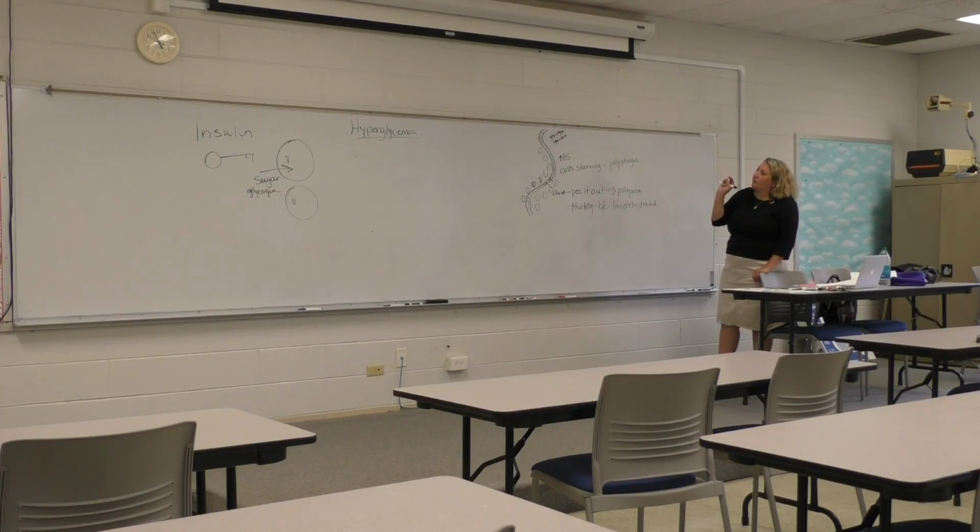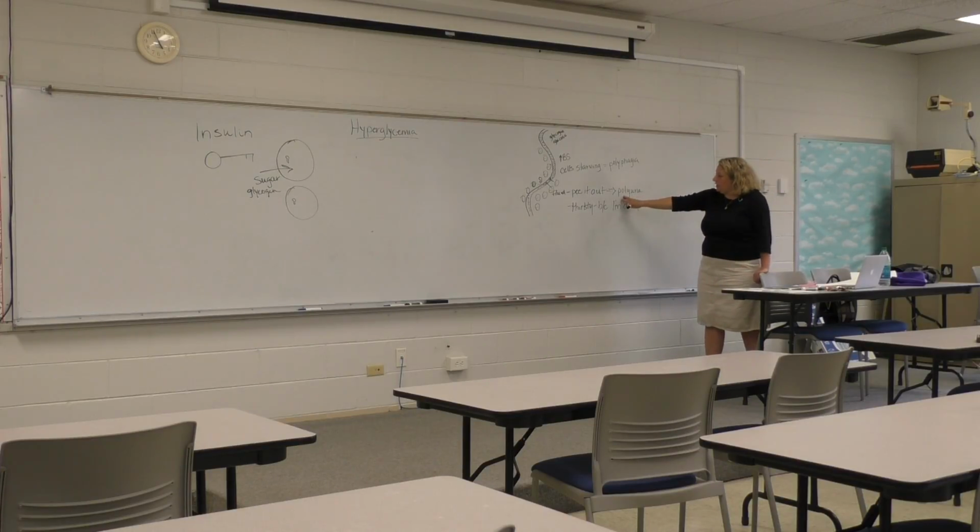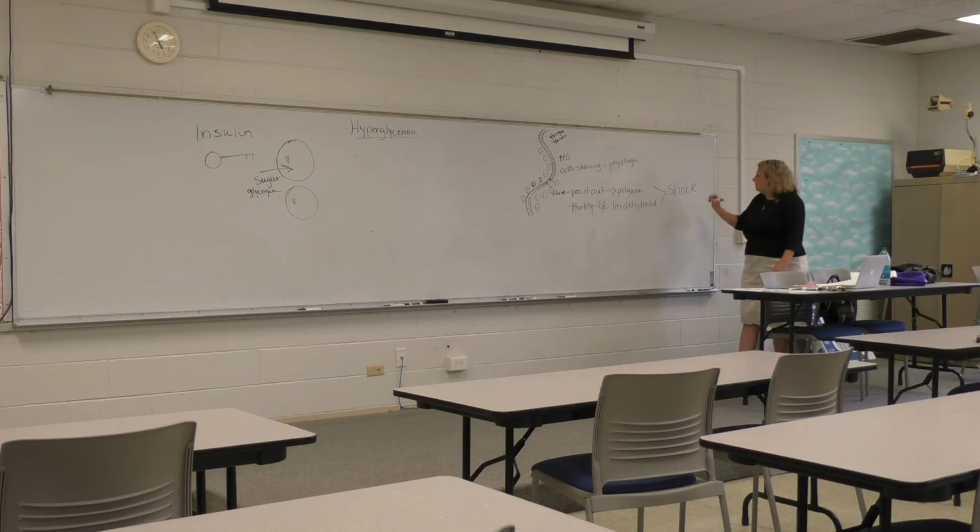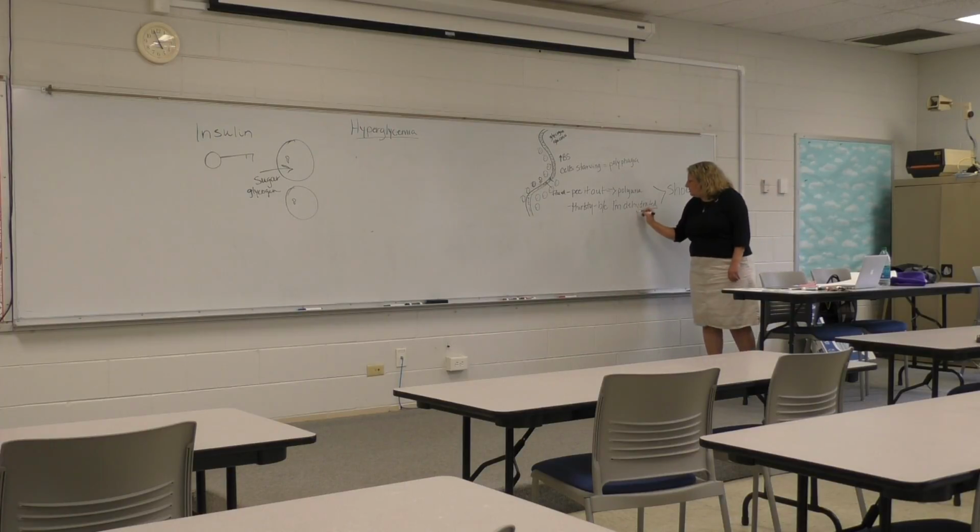So the longer a patient stays with this hyperglycemia, with polyuria, peeing it all out, and staying dehydrated, what can they go into? If I don't have any blood volume or anything. They get severely dehydrated.